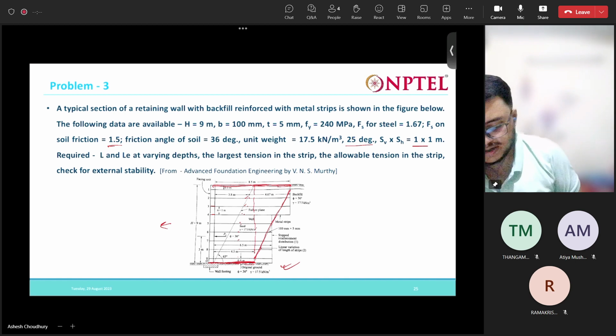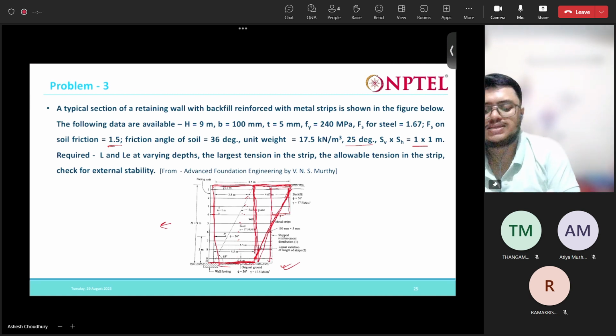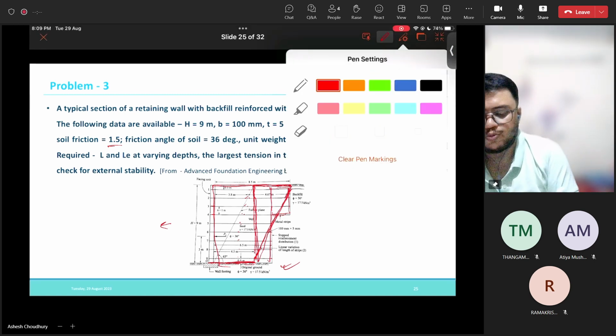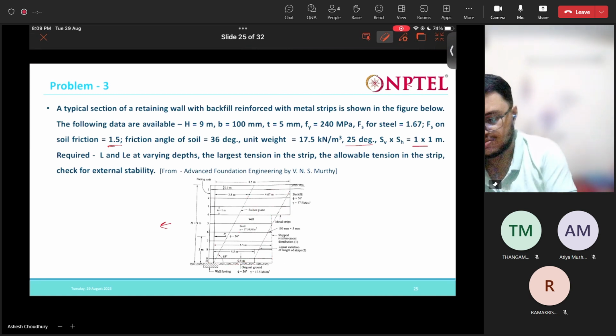In our case we took three rectangles, but in their case they took the first rectangular soil block and the second triangle. Like this, they calculated the weights and the overturning moment.